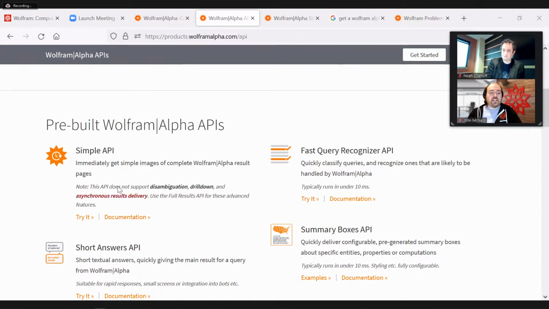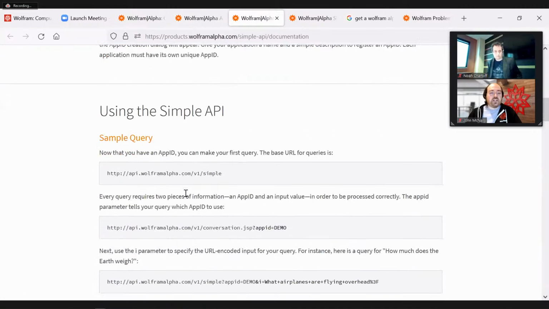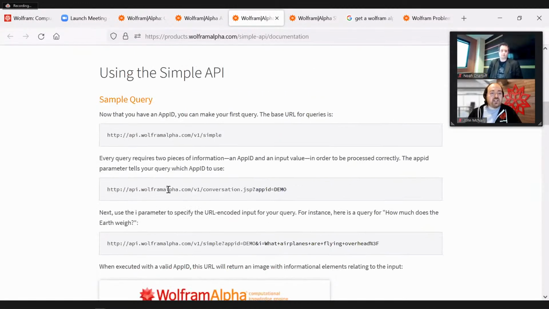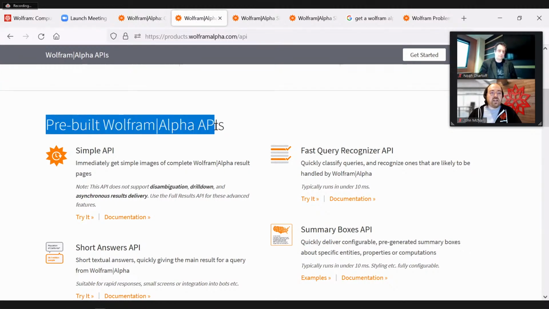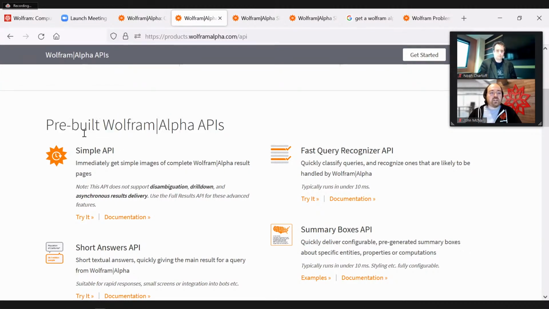So this simple API is one that just generates an image of whatever query you want. Let's see, do I have an example on the page? Just to back up for a moment for anyone who is not familiar with this being a thing you can do, there are various pre-built APIs that you can take a look at. You see that there are quite a few, right?